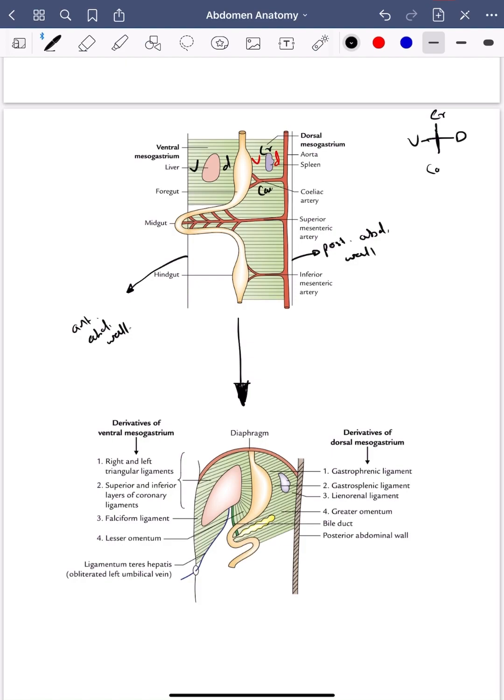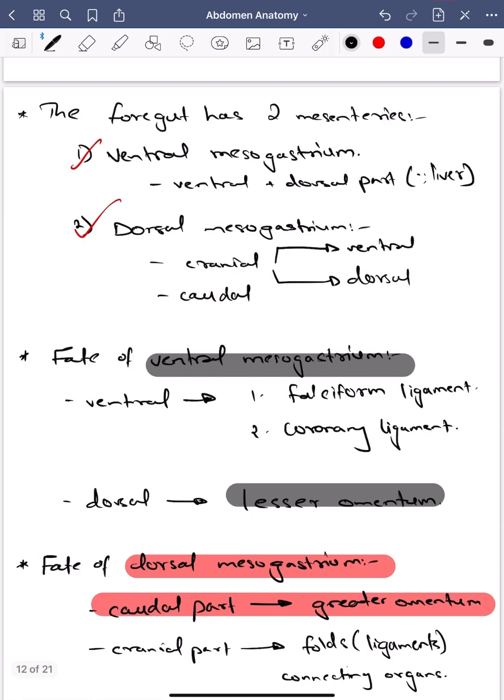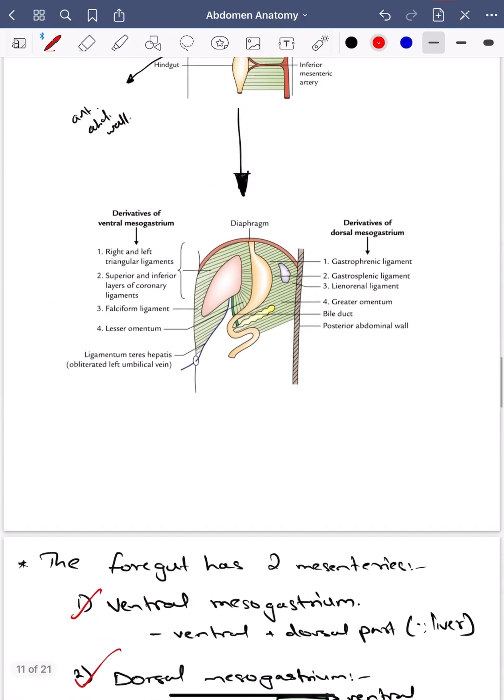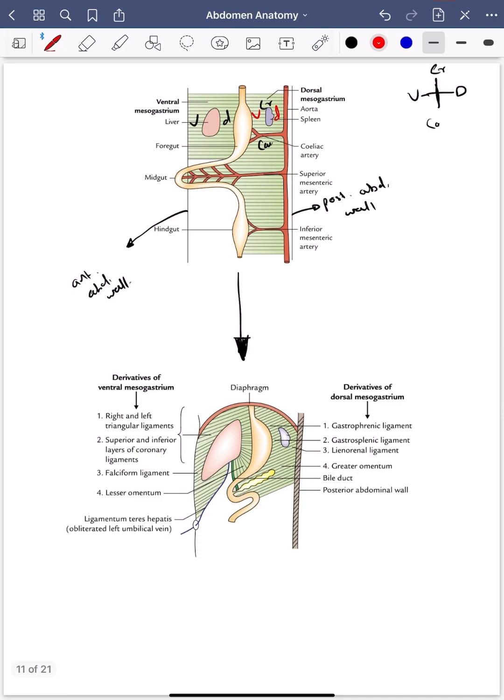The ventral part of the ventral mesogastrium develops into the falciform ligament and the coronary ligament, and what it is basically, is a fold of peritoneum attaching the liver to the anterior abdominal wall. So that is the falciform ligament and the coronary ligaments.